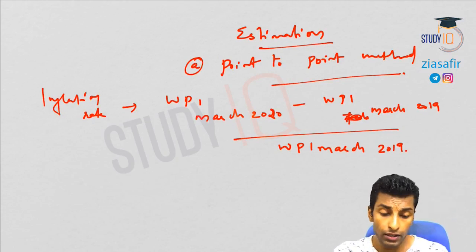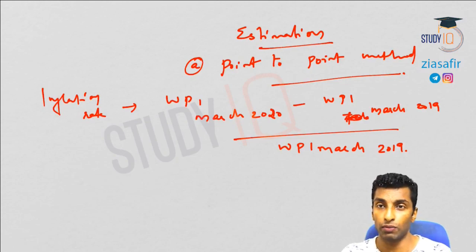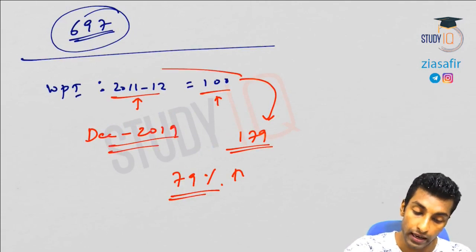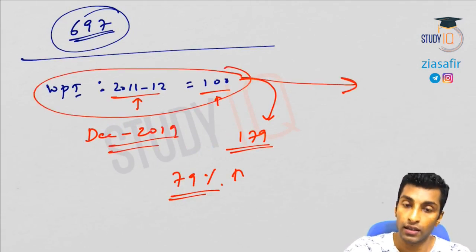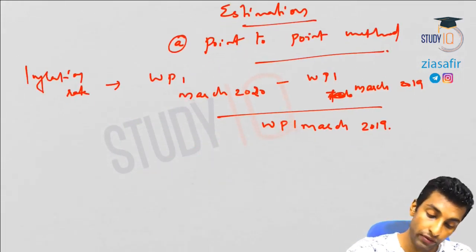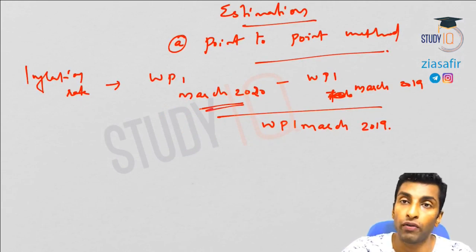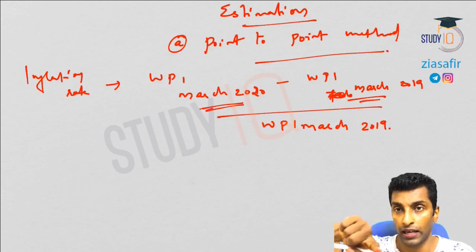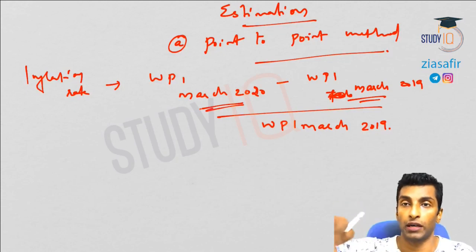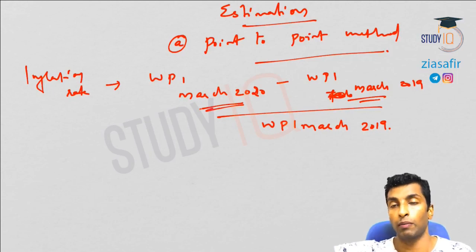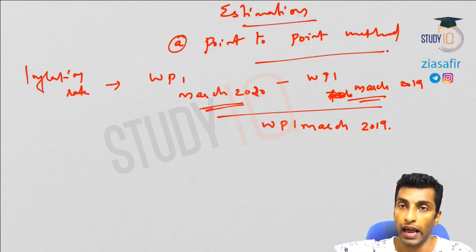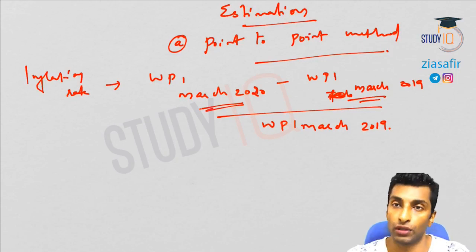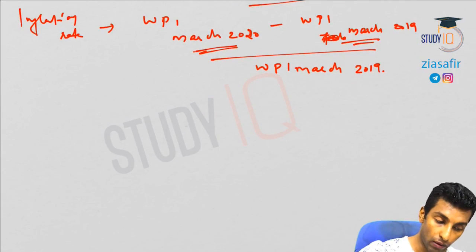I hope this is clear. So March 2020 I am calculating. March 2020 WPI I will be knowing, right? This is the value I'll get from here. So that value I'll write here. What is the WPI value in March 2020? I should be knowing the WPI value of March 2019, divided by WPI March 2019. So similarly next month, April, if I need to calculate, WPI April 2020 minus WPI April 2019 divided by April 2019. So like this you will be able to calculate inflation.